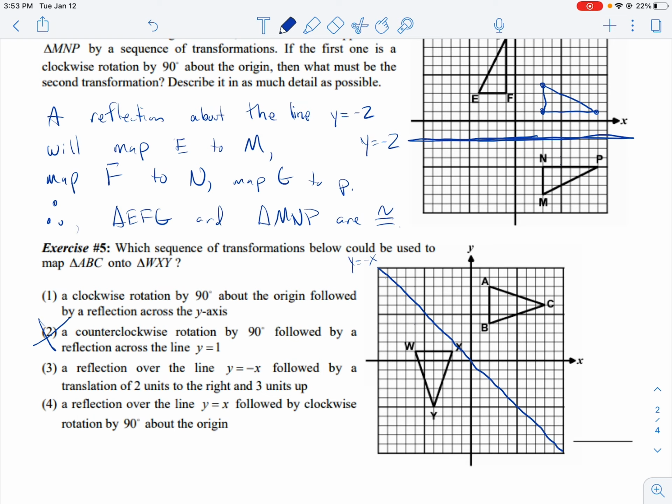Okay, so this is going to be 1, 2, 3, 1, 2, right, 3 units there. That one's B. That one's A. Looks like C. I think it's going to be somewhere right here, right?